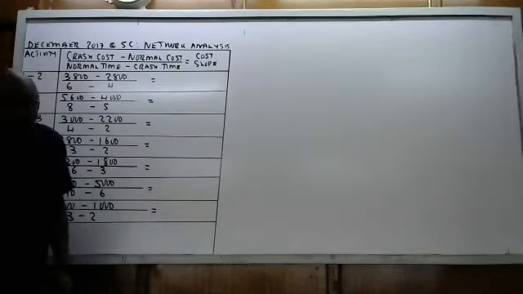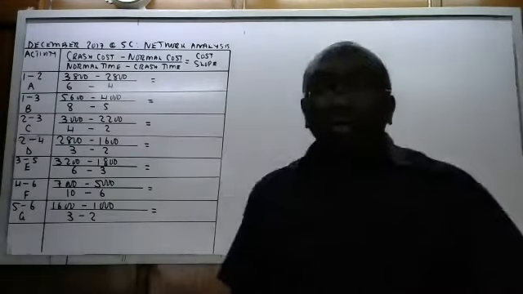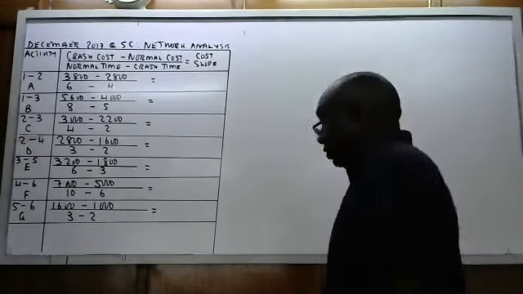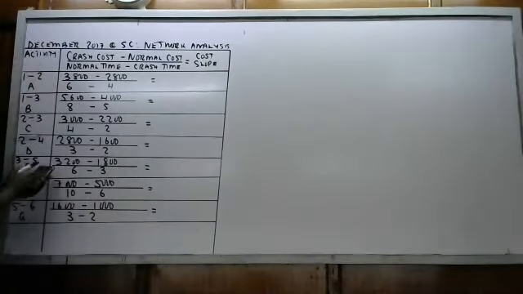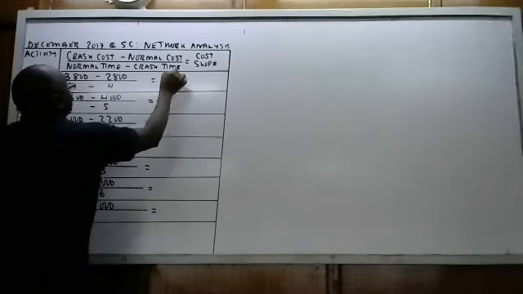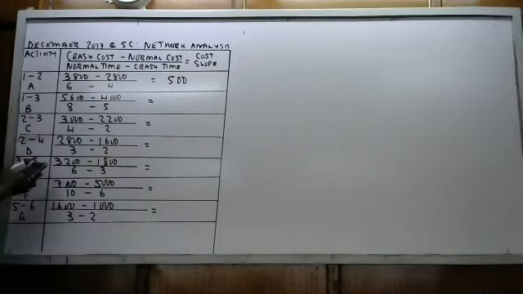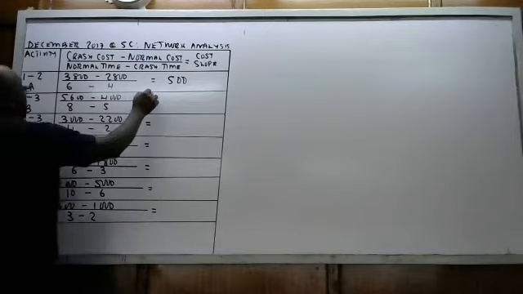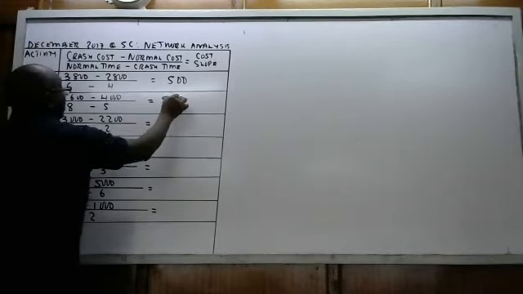So let me give you the answers. Then you tell me whether you agree or you don't. The first one will be 1,000 divided by 2. That is 500. 5,600 minus 4,000, you divide by 3, is 533.